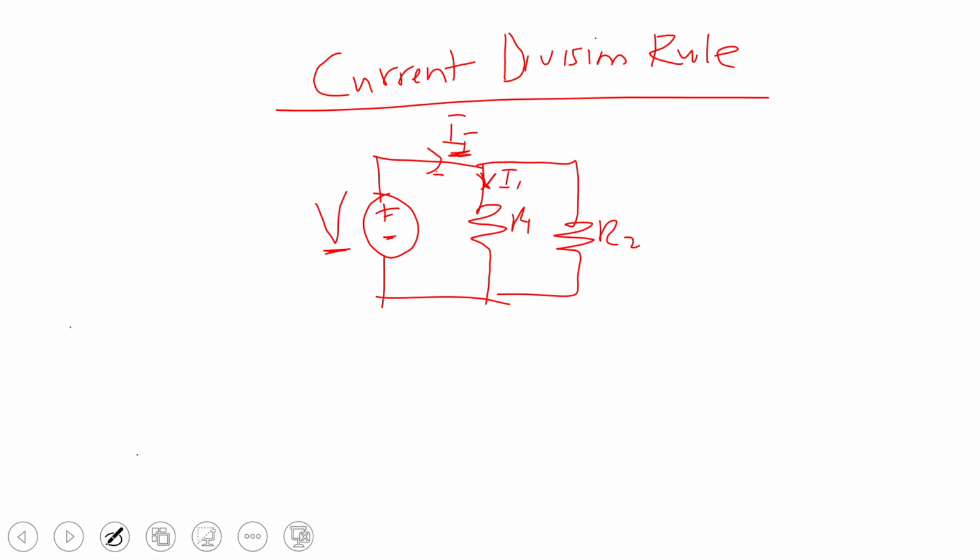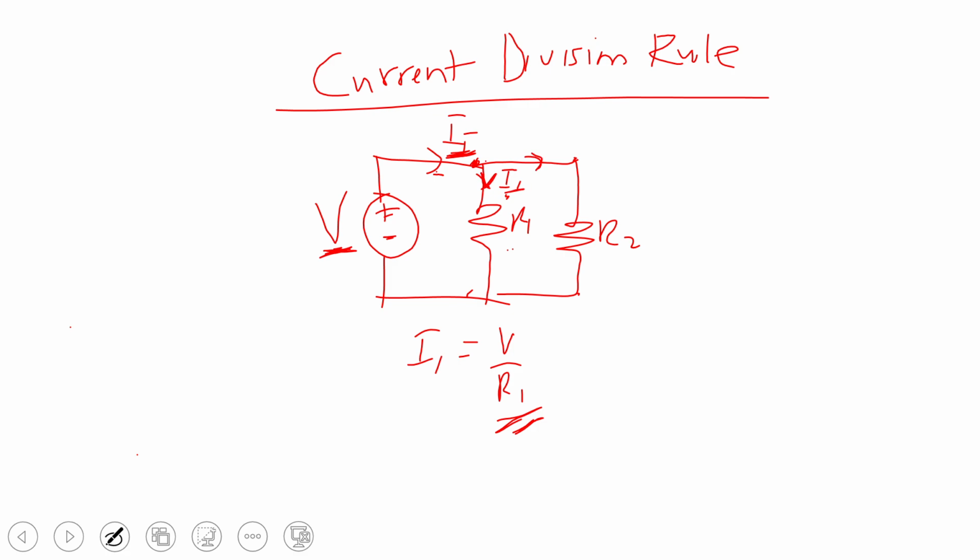Now from this circuit, we easily know that this voltage is actually the same voltage across R1, the same voltage across R2. So actually the voltage across this R1 is V, right? So the current in R1 is basically V over R1, right? So this is the current that will actually come to this resistor. But the main thing we want to know is this total current, how did it divide? How much came here and how much will go here?